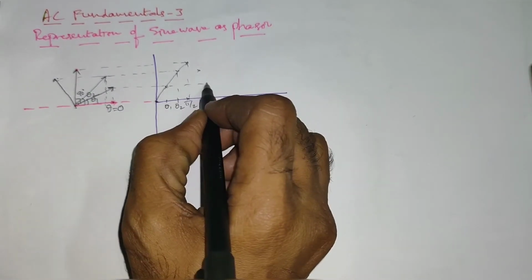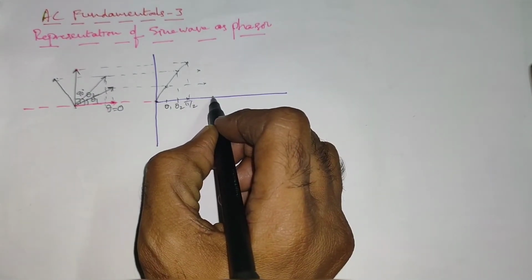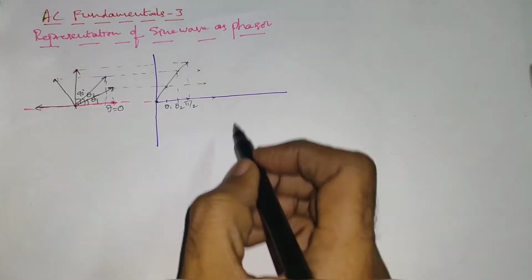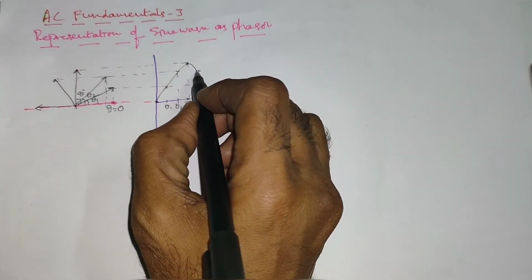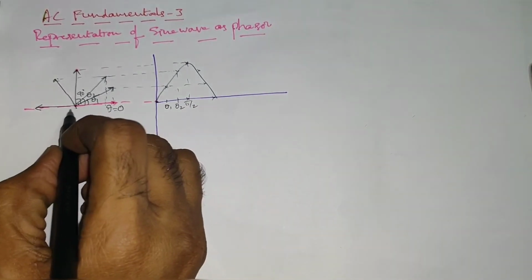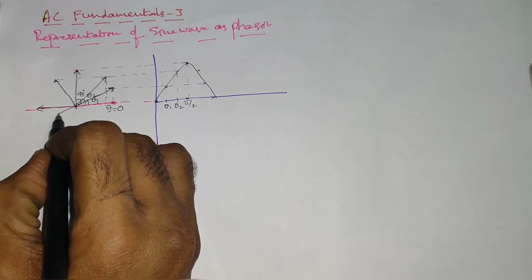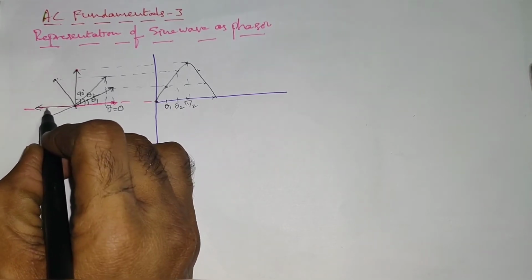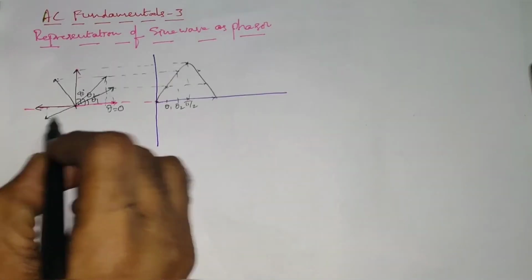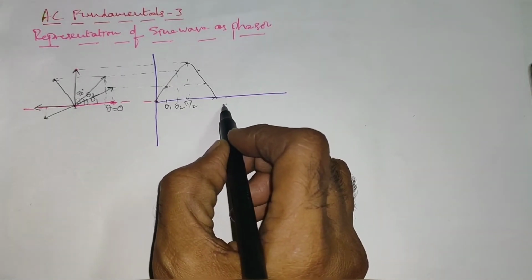Like that, when theta becomes equal to 180 degrees, this comes to 0, and slowly when theta becomes greater than 180 degrees, the value becomes negative. So this is the negative magnitude here.